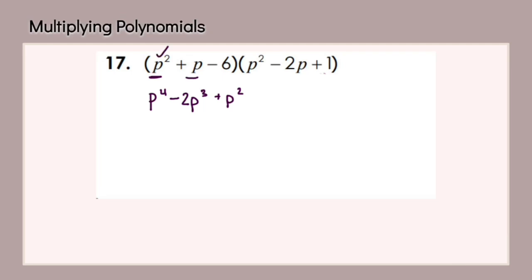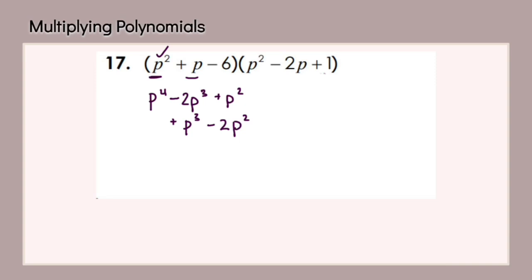Now I'm going to distribute p. P times p squared is p cubed. Instead of writing that out here, I'm going to write it under the other p cubed. And since it's positive, I'm going to put plus. So plus p cubed. Then p times negative 2p is negative 2p squared, conveniently located under the other p squared.